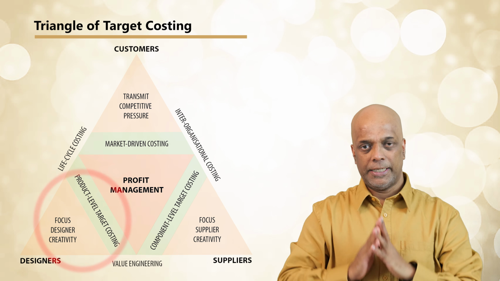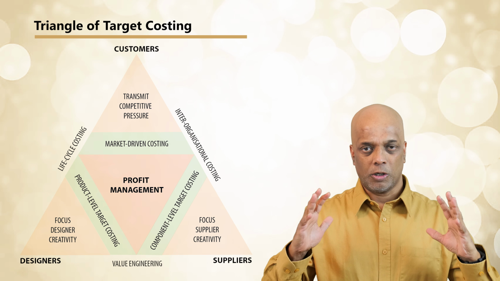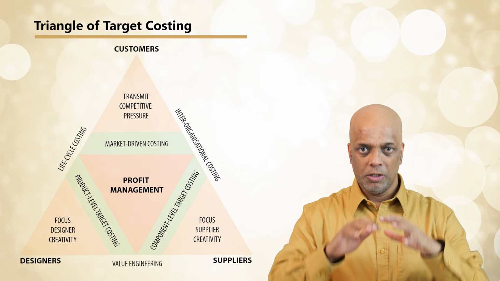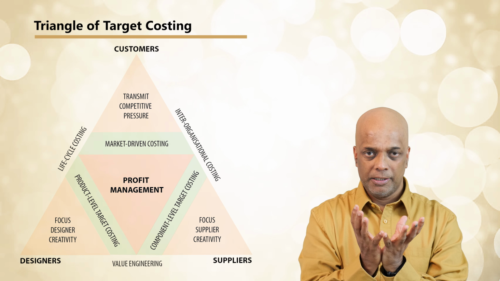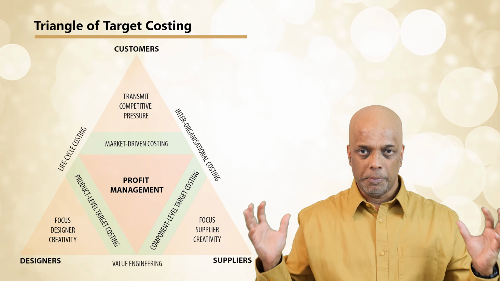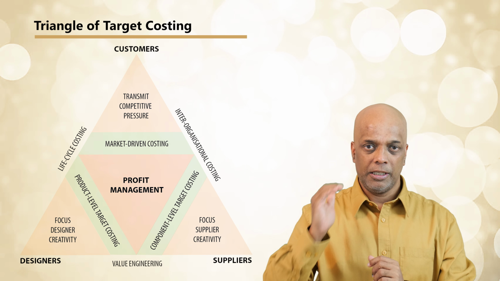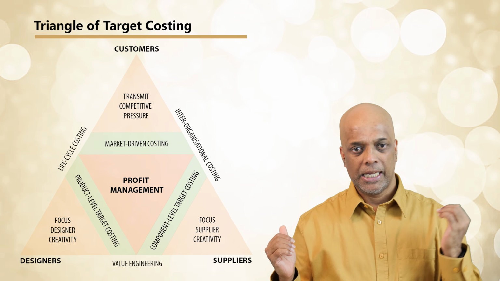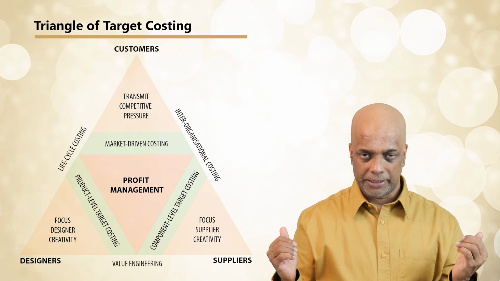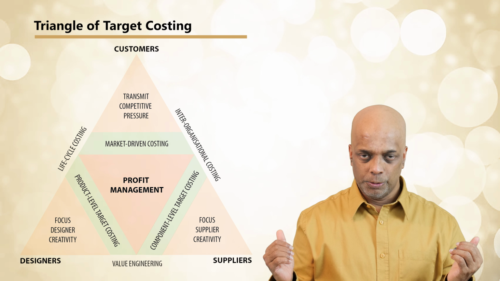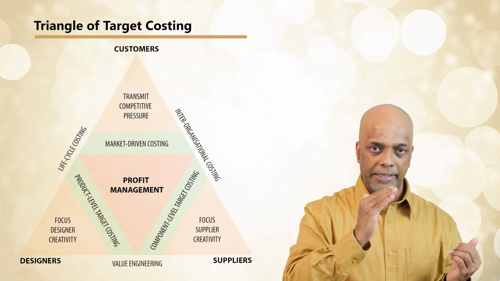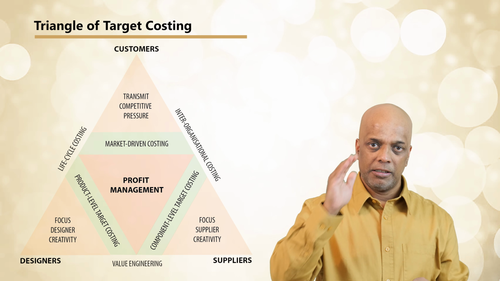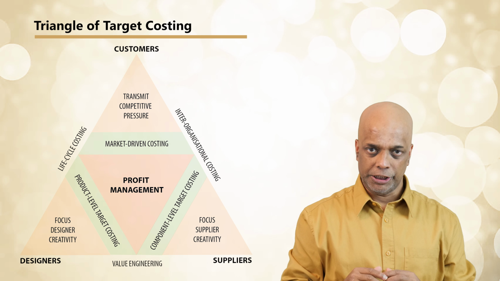So, in a broader sense, target costing is a broader profit management methodology or approach or a philosophy which tries to bring together three key strategic actors: the customers, suppliers, and product designers. And that is done through three interrelated costing activities, operationalized in three interrelated frontiers.